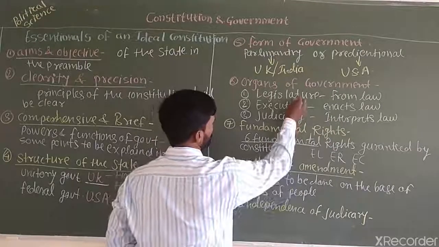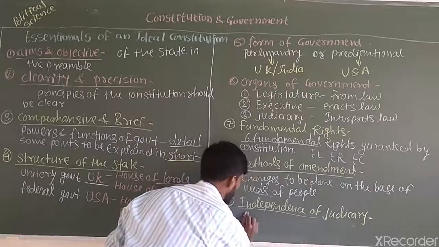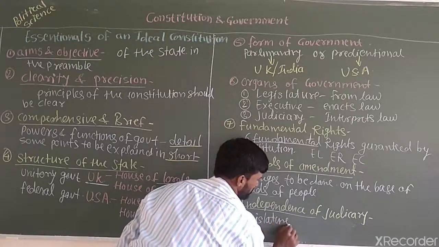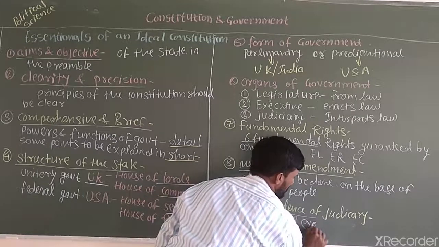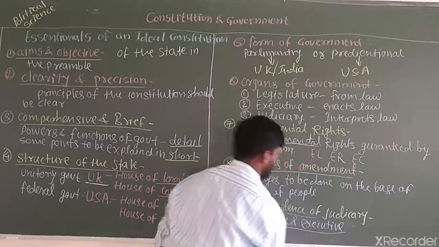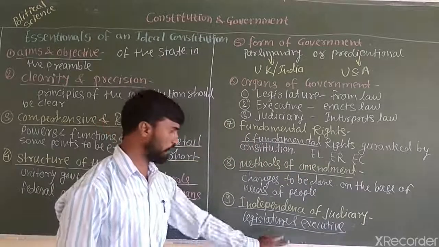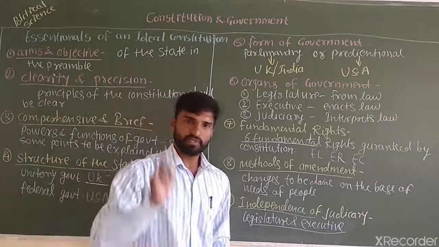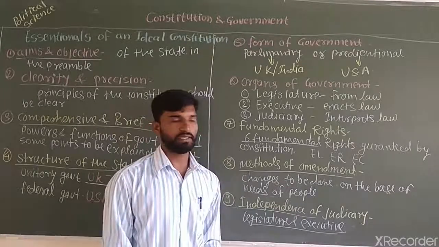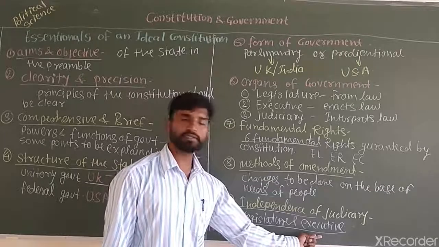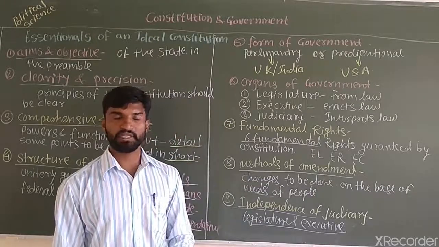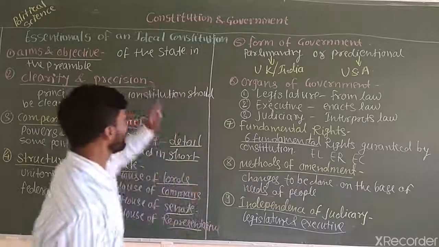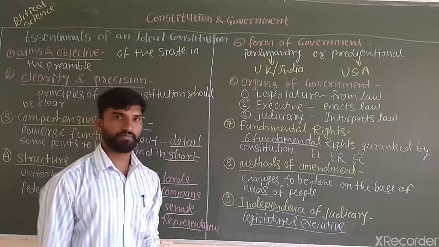These two, legislature and executive, are interconnected or interdependent, but judiciary is not dependent on any organ. Judiciary is completely independent. Neither legislature nor executive controls the judiciary. That is the main characteristic essential for our ideal constitution.